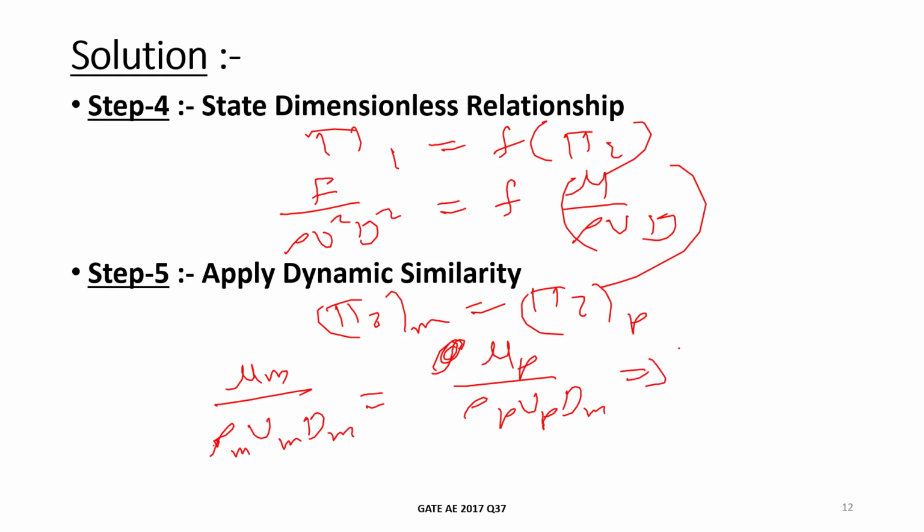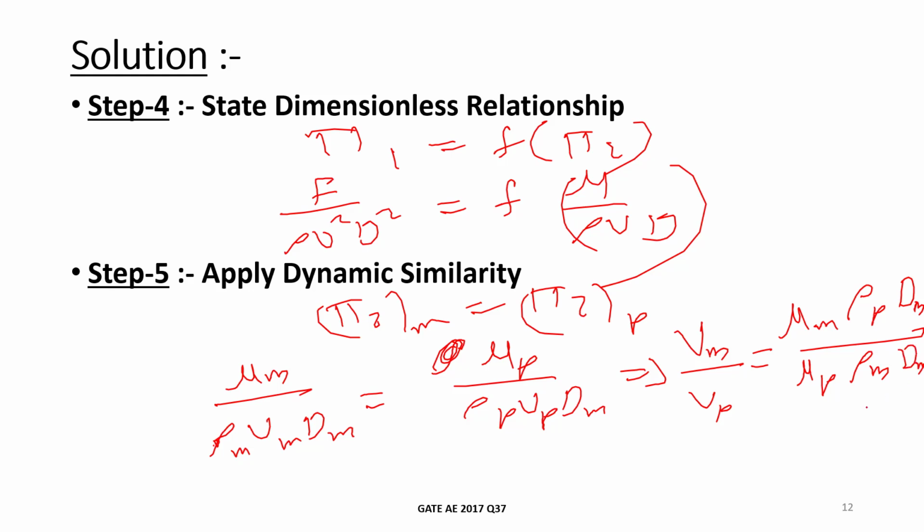We find the ratio of dm and dp, which will be um rho p dm upon mu p rho m dm. This will be the first equation.